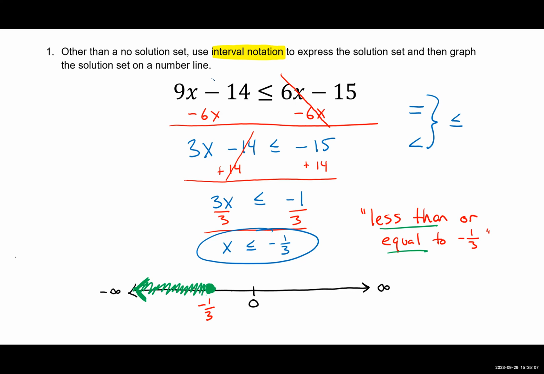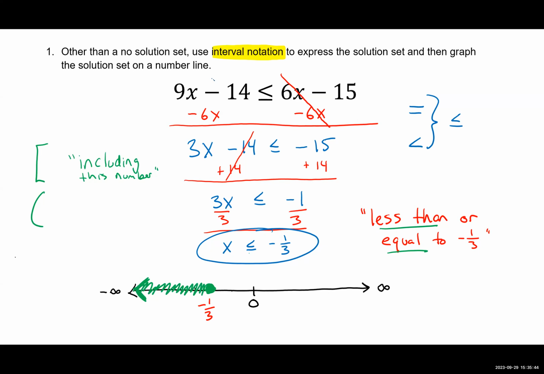Interval notation. We use one of these two symbols. A square bracket means including this number. So for example, we're going to include the negative 1/3 as part of our answer because x is less than or equal to.